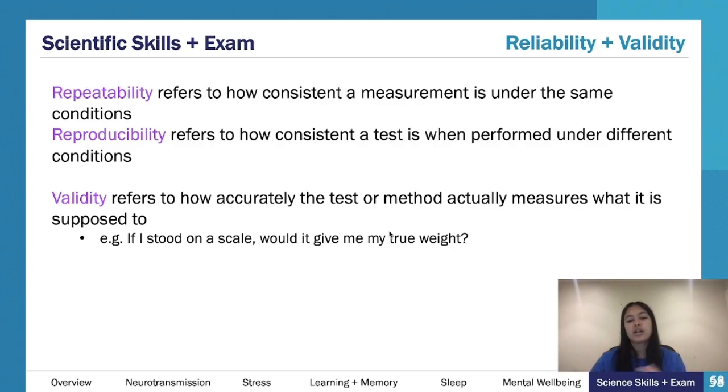But in the context of psychology, you're often referring to it in terms of your experiment. My experiment where I'm trying to test this drug on Alzheimer's, have I actually tested what I meant to test? Have I designed the experiment? Have I done this ethically? Have I minimized confounding and extraneous variables so that the results that I've gotten are actually appropriate? I've actually figured out the IV and the DV. That's what validity kind of refers to.